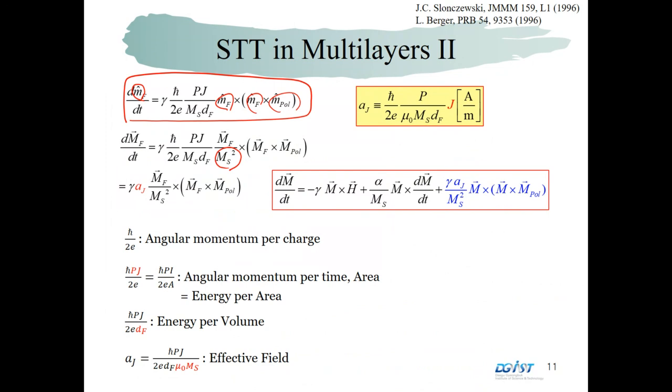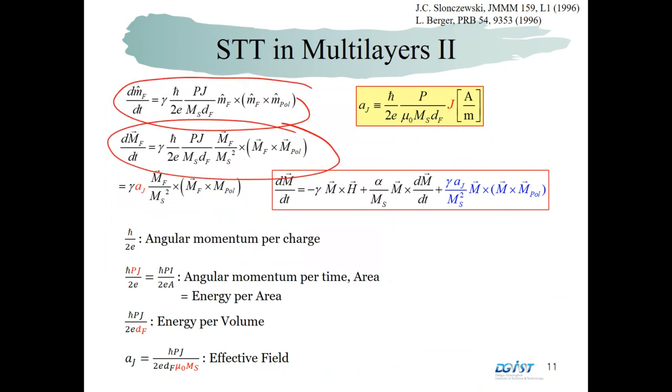Compared to the unit vector case, we have one magnetic moment and time here, and compared to these two-term equations, we should normalize by dividing by Ms squared, because we have three M's here. So this equation, we can put into the LLG equation here.